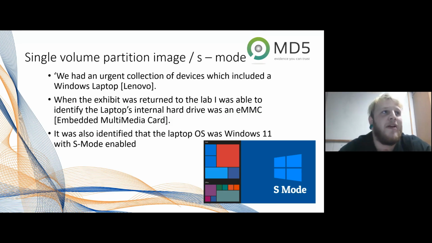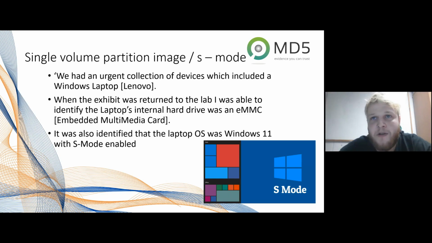So the first things we need to decipher here for this investigation are, what are the potential hurdles? The first is that the eMMC hard drive is quite a difficult and delicate drive to remove, and there have been reports of those breaking just because of the nature of what they are. So that's the first hurdle.